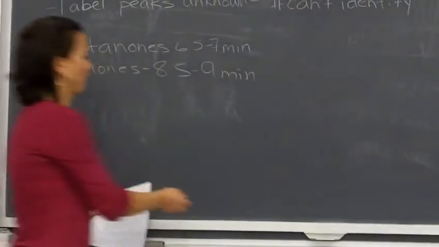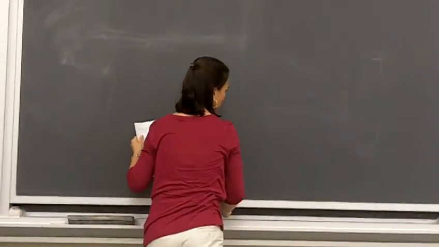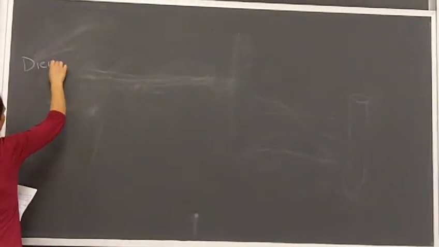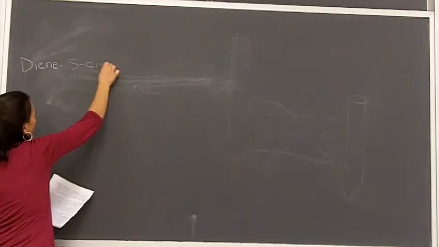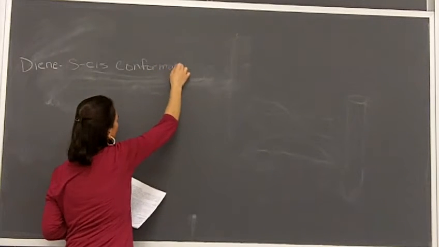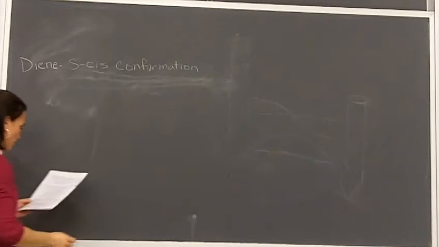So a couple things that are important to this reaction are both the diene, like I said, and the dienophile. The diene forms what is called an S-cis conformation. So it always takes on the S-cis conformation.